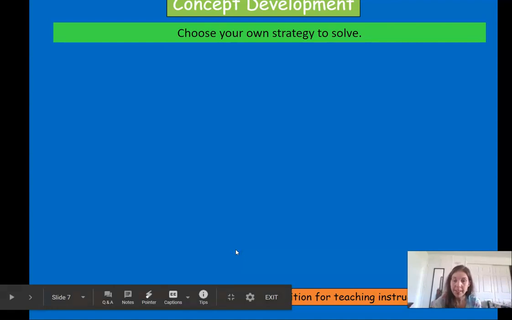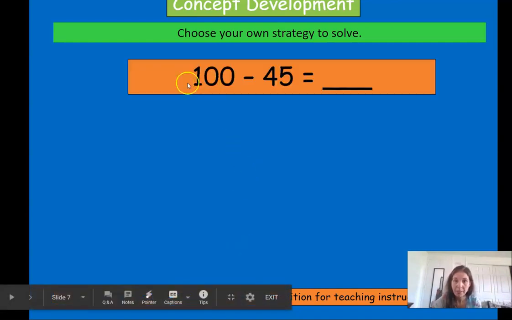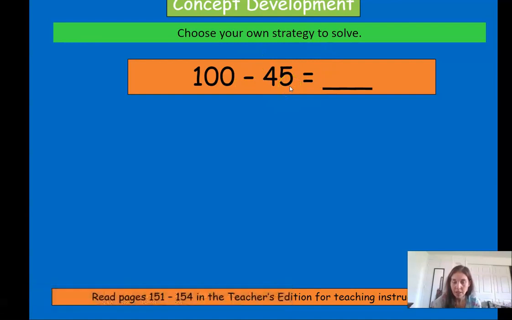This time, for this number sentence problem, you can choose your own strategy to solve it. I want you to try to solve it on your own piece of paper. So we have 100 minus 45. You can solve this any way you would like.